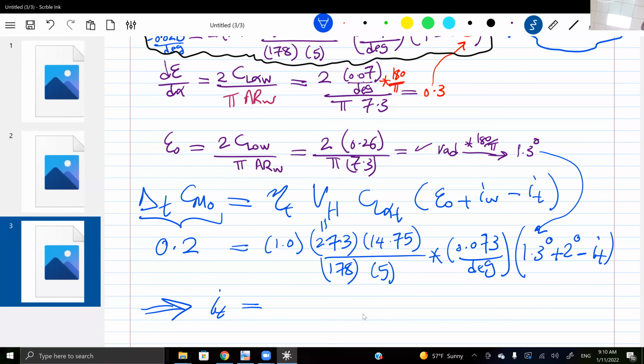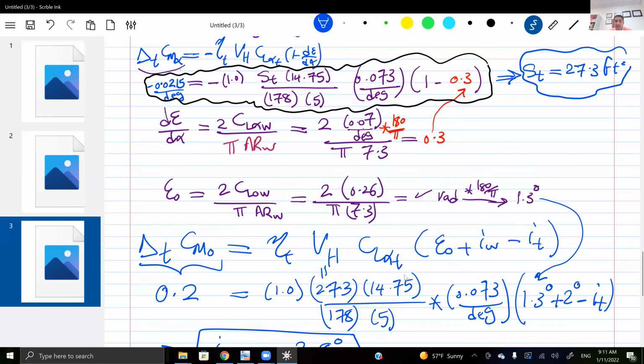So this is I tail. Typically it's negative, and we're going to know why. We typically locate the tail at a negative angle of attack or at a negative incidence. So as a flight mechanics designer, you have these two at your disposal, not with complete freedom, but with some freedom to size the horizontal tail area.